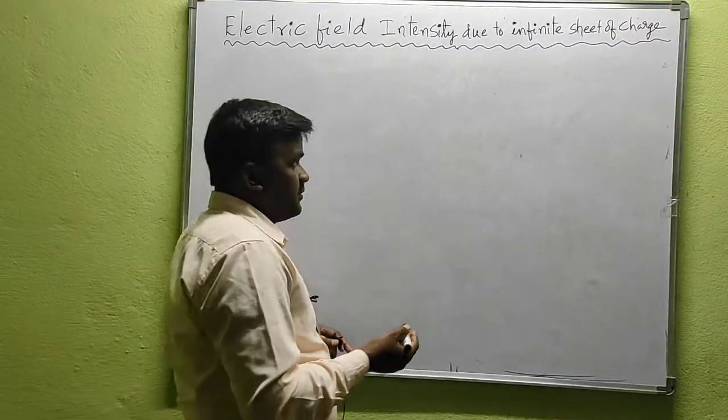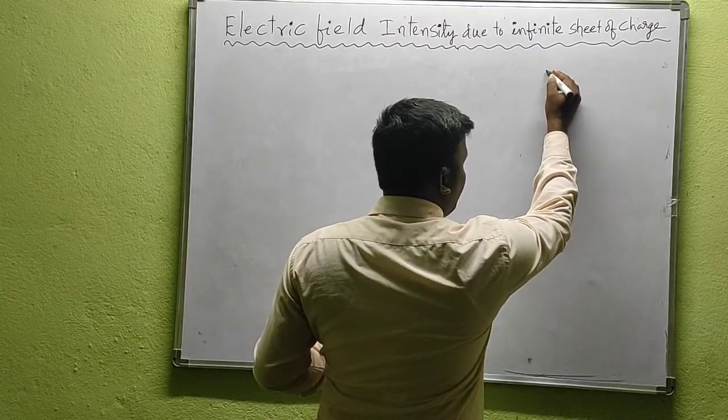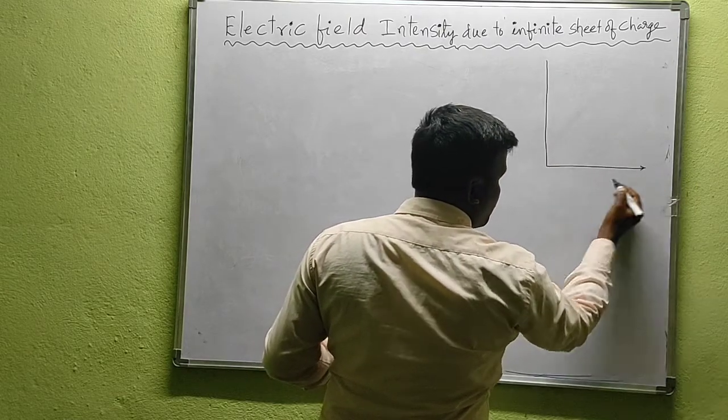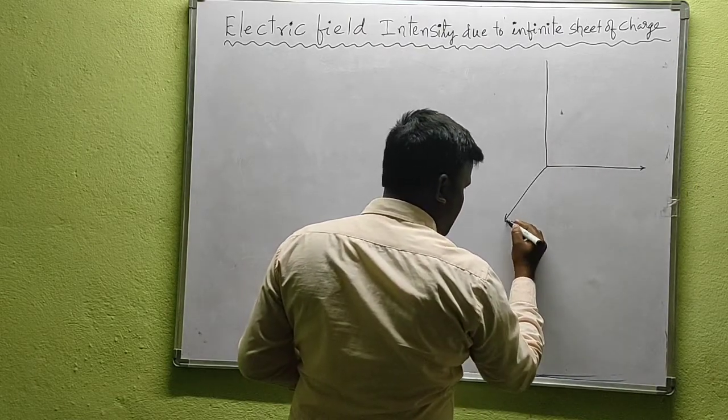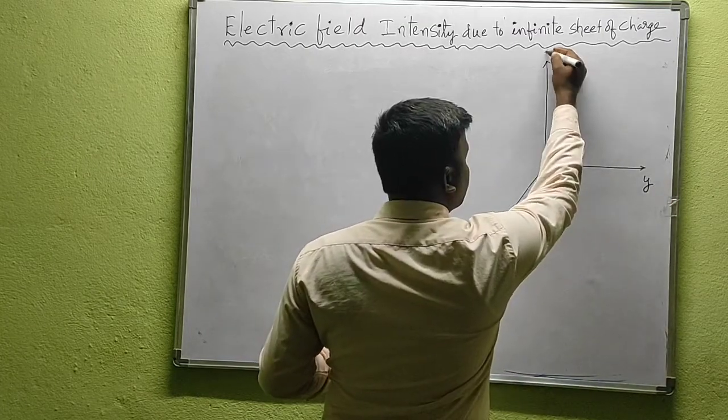Let us consider a sheet of charge in the xy plane, as shown in the figure below. So this is our x axis, this is the y axis, and this is the z axis.